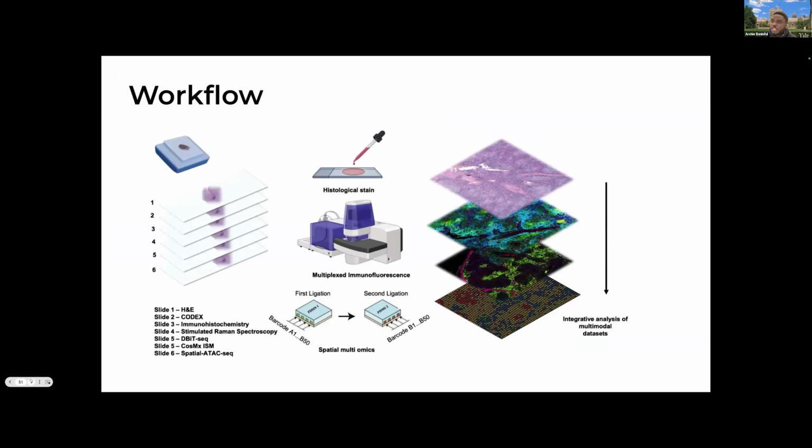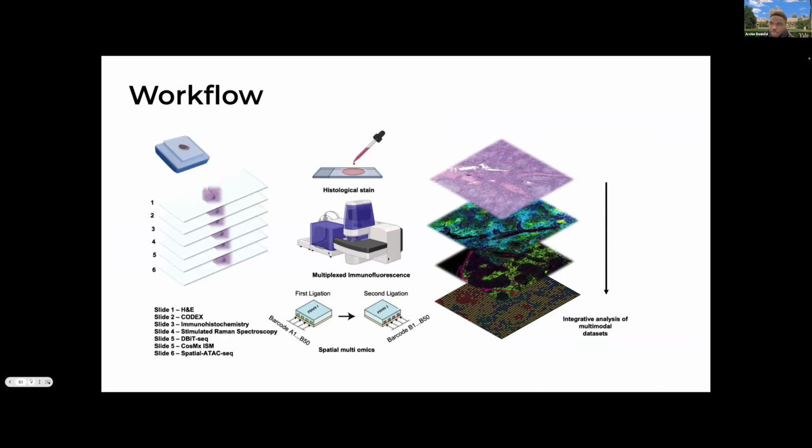In the context of the workflow, we obtain the whole lymph node samples and then we get serial sections and we do routine histological stain, H&E, as well as CODEX, spatial transcriptomics, and spatial metabolomics using stimulated Raman spectroscopy.